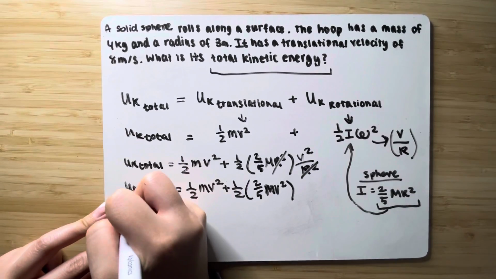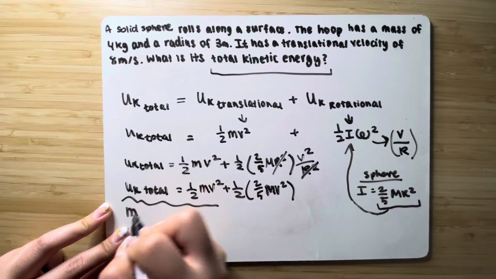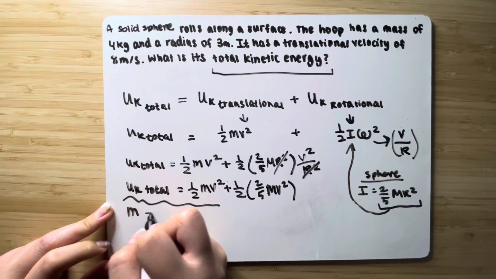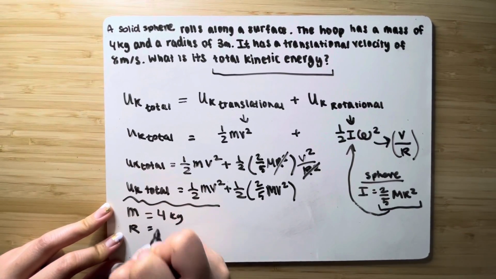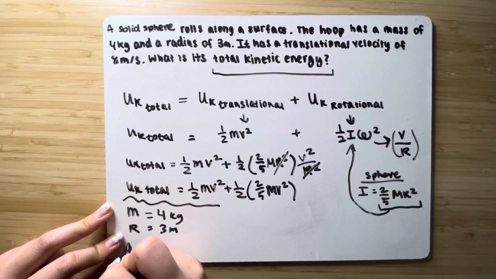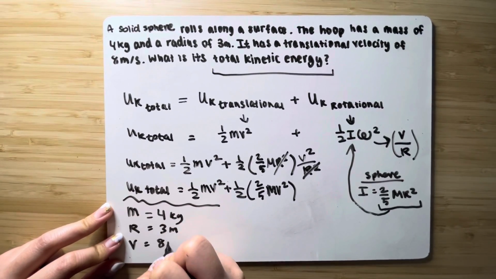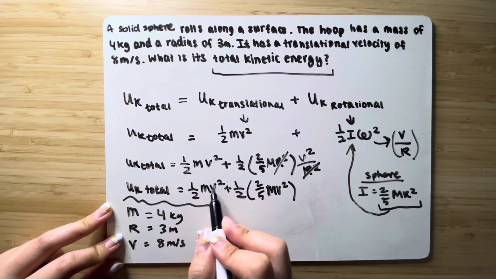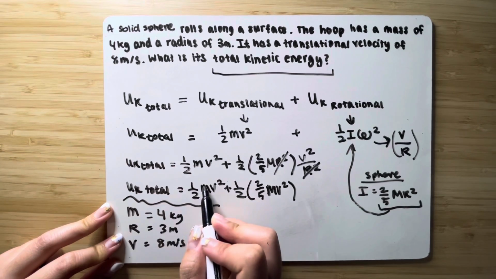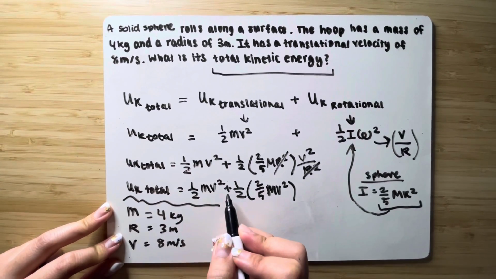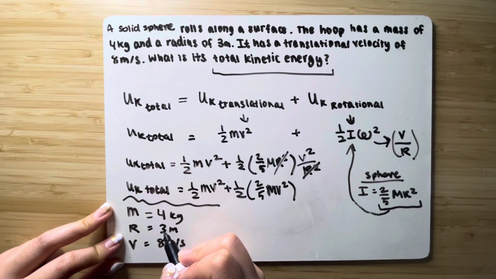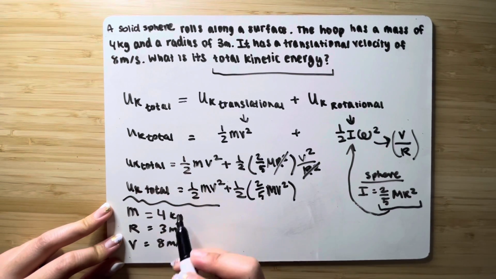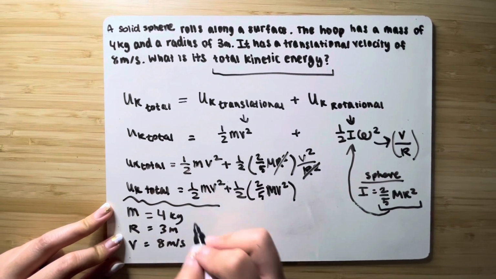Then we figure out what we know. We know that m is equal to 4 kg. We know that r is equal to 3 meters. And we know that velocity is equal to 8 meters per second. So we're just going to plug these values. M here, R here, M here, R, you don't need R. You just only need M and V. So M here and V here.